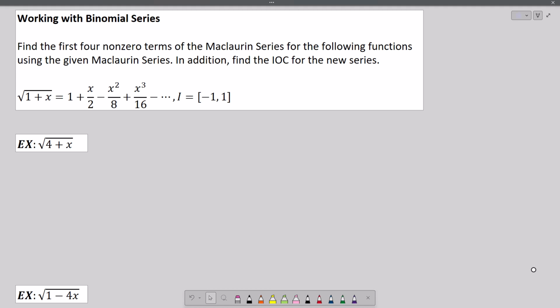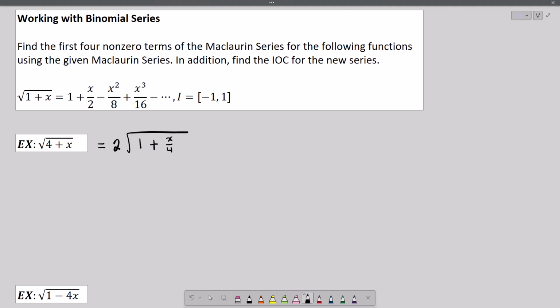So what we're going to do is modify this a little bit. If we do what Daniel suggested, we pull out the 2. Do you agree that those are equal? If you factor out the 4, it pops out as a 2.